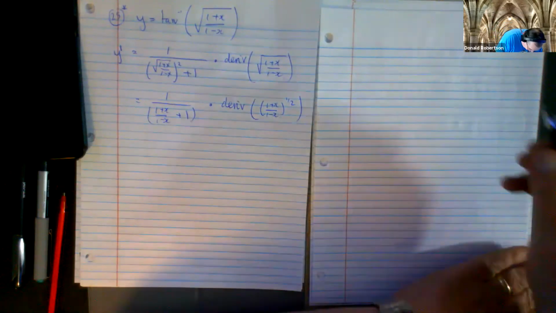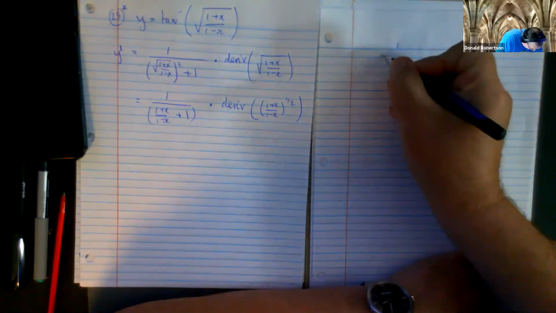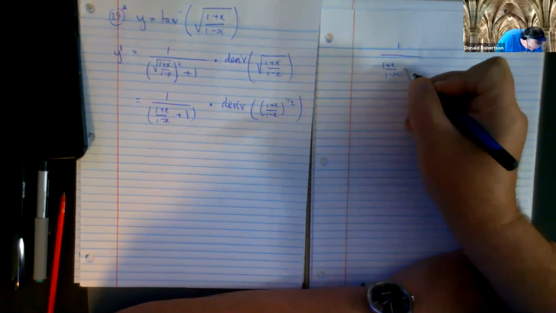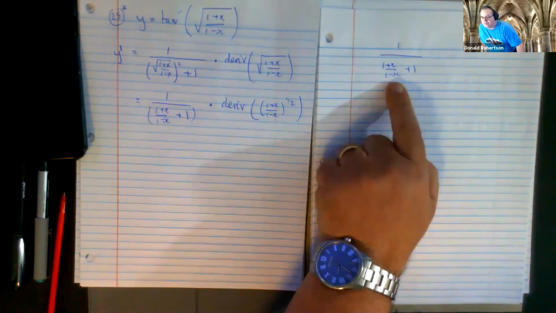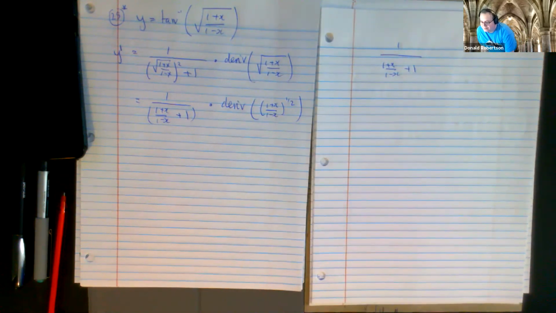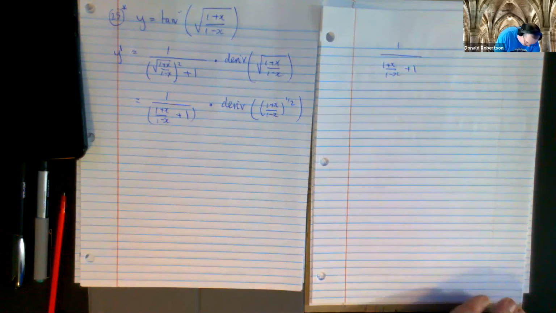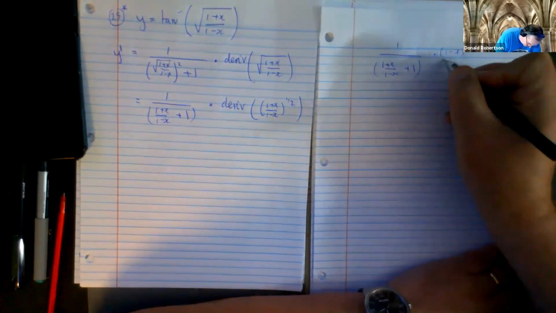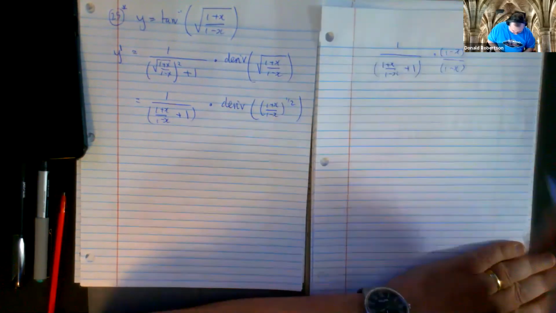Okay, now I'm going to have to do a little side issue, and I want to take care of the side issues as they happen. Part of our answer looks like this. You know we don't like fractions with fractions in it, and there are going to be a lot of style points in this question. So the way I'm going to fix it is by multiplying by the special version of 1 minus x.